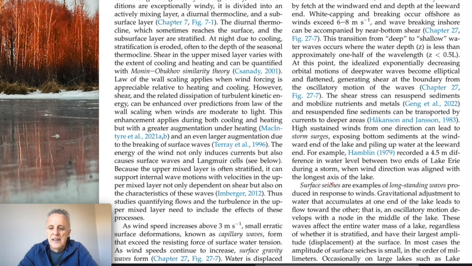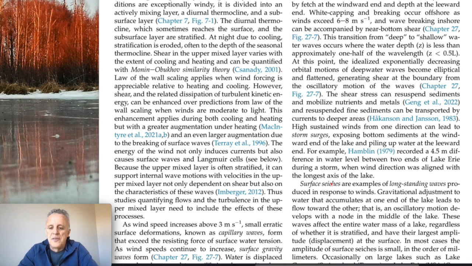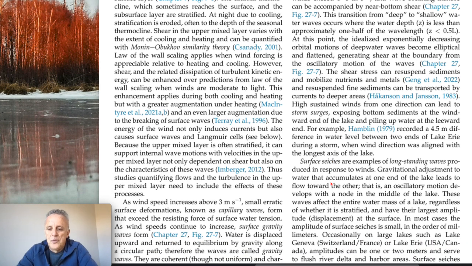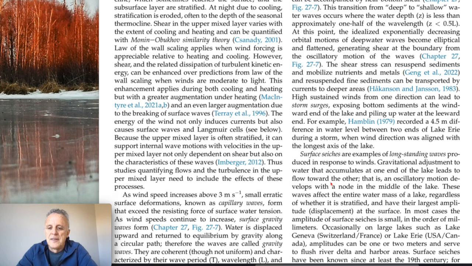At this point, the idealized exponentially decreasing orbital motions of deep water waves become elliptical and flattened, generating shear at the boundary from the oscillatory motion of the waves. The shear stress can resuspend sediments and mobilize nutrients and metals, and resuspended fine sediment can be transported by currents to deeper areas.